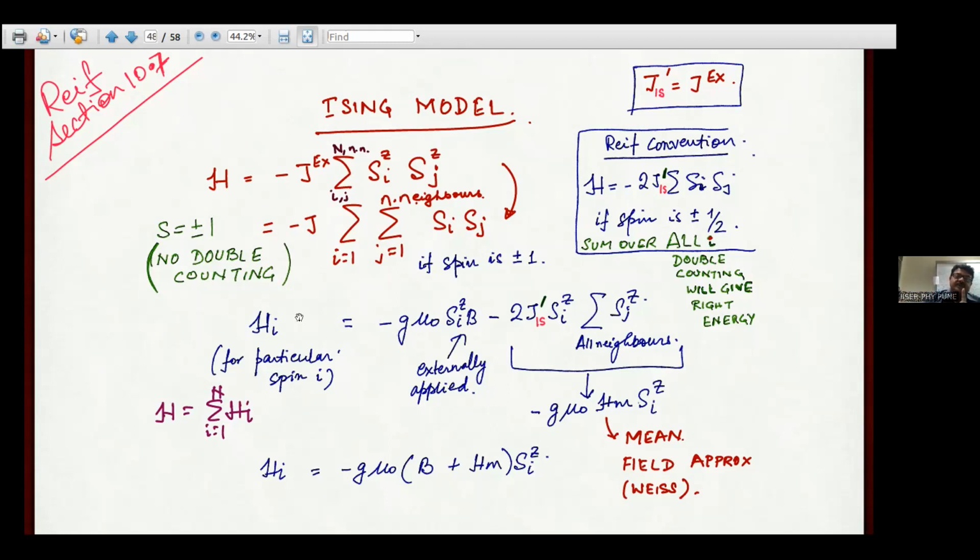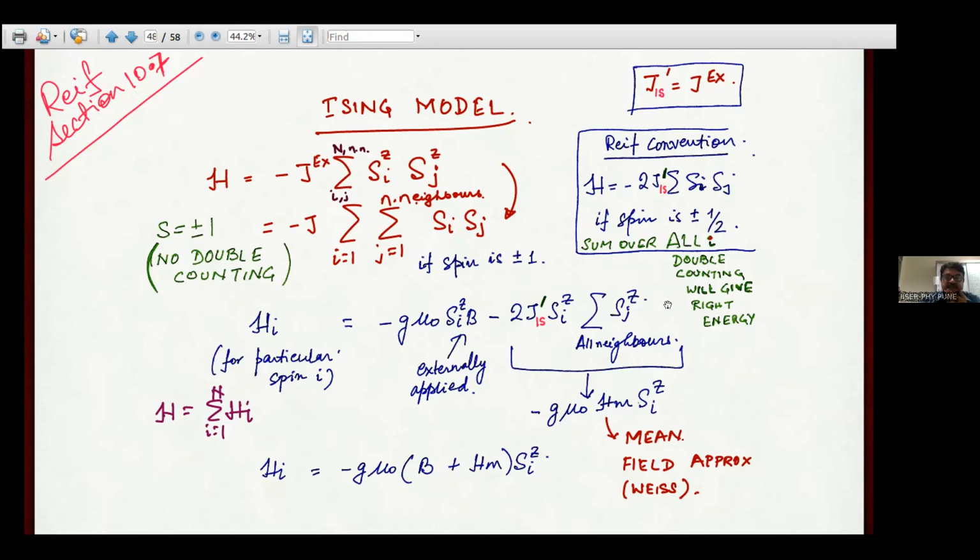If you sum this Hamiltonian over all the magnetic moments in the lattice, you'll get the total Hamiltonian of the system. The convention is such that, with the choice of this factor 2 and the values that S_iz and S_jz can take, which are half and minus half, the overcounting is accounted for.